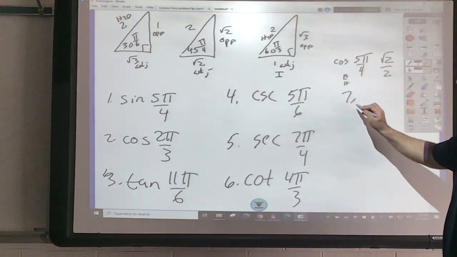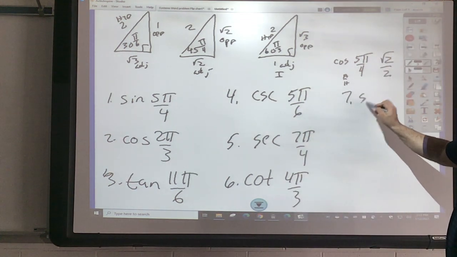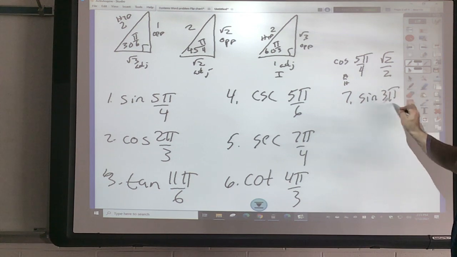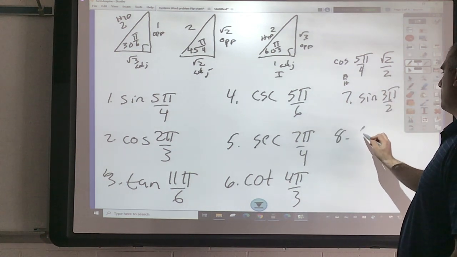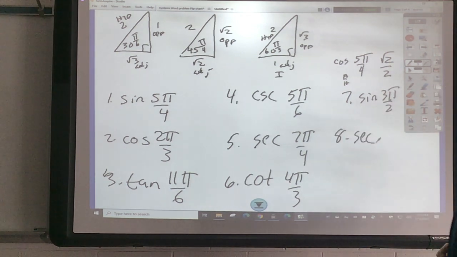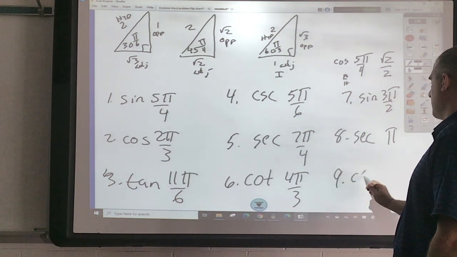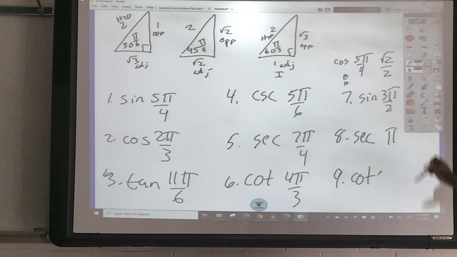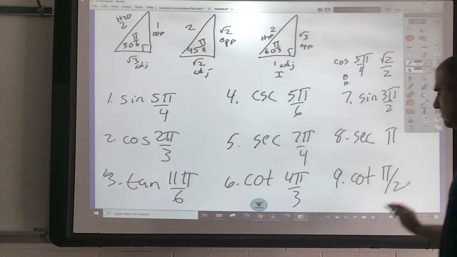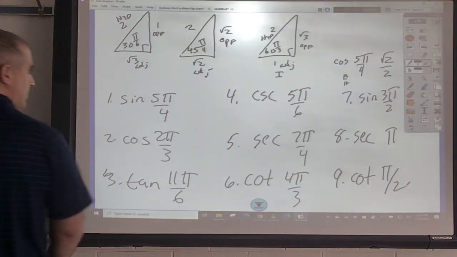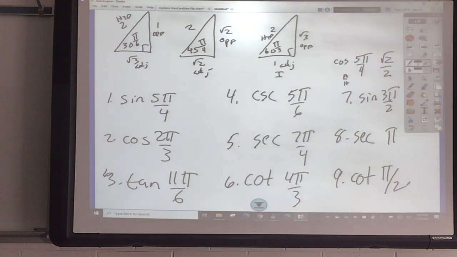Let's do sine of 3 pi over 2. Let's do secant of pi, and let's do cotangent of, let's say, pi over 2. Okay, so here are our problems. We're going to work our way through all of them.